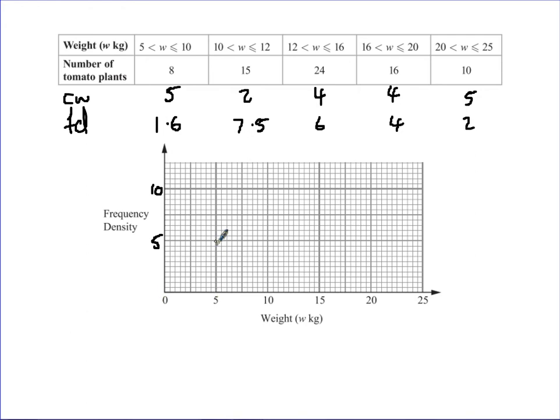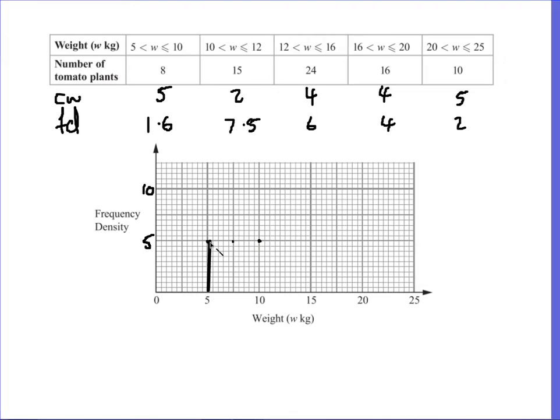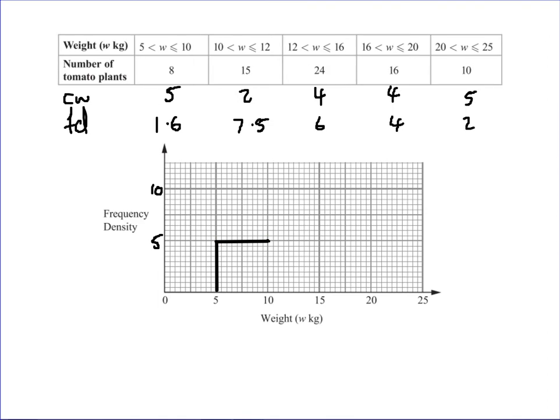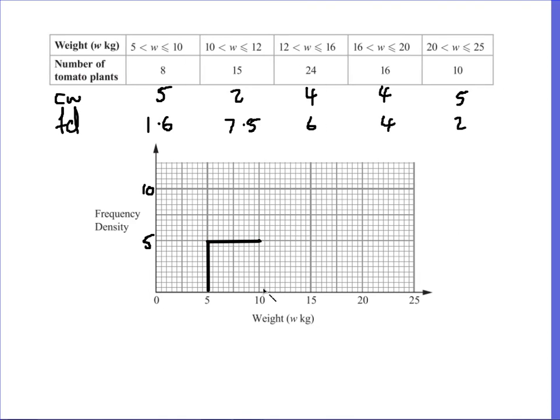The first one goes up to 5, so I'm going to plot the points here. Then it goes from 5 to 10, so it's going all the way across here. So I'll start drawing it out. 5 to 10 up here, and then we're going across. Then from 10 to 12, we need to go all the way up to 7.5. Going across, each 2 counts as a single, so it will be 4 squares wide there. That's 10 to 12.